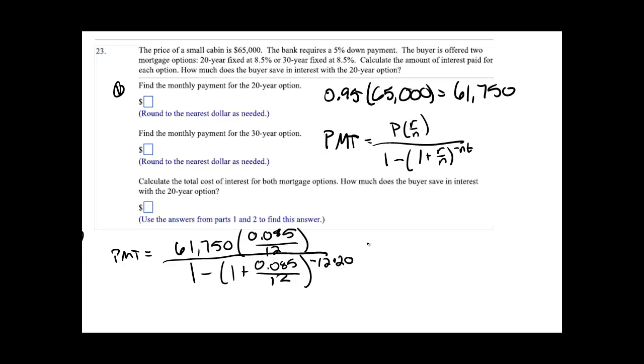When we put that in our calculator, we get $535.83, but it says round to the nearest dollar as needed. So our answer will be $536.